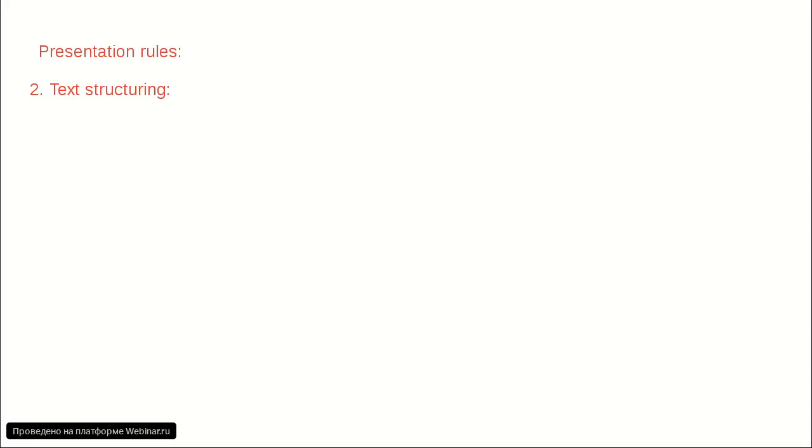So what is Hemp structure? Hemp structure is very intuitive and simple stuff. It says how to structure a single paragraph of your solution. And basically it's very, very intuitive. So imagine you are telling a short story.